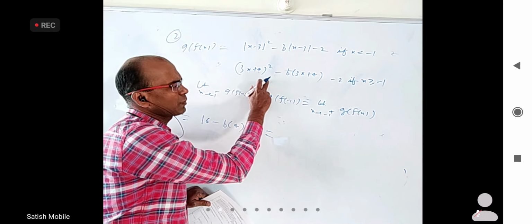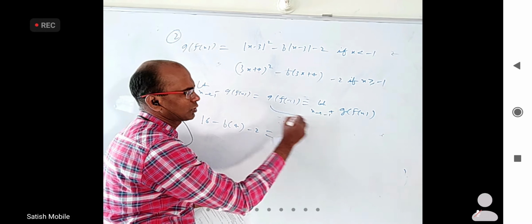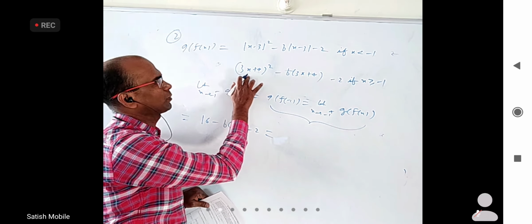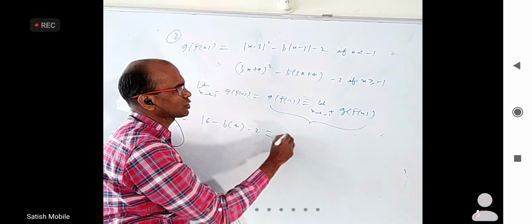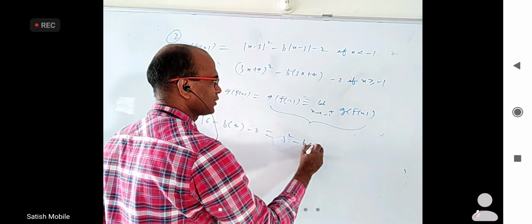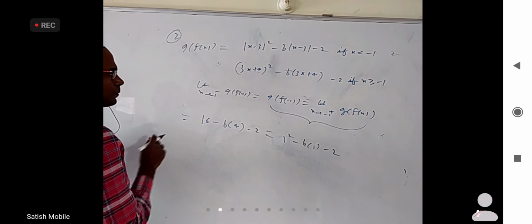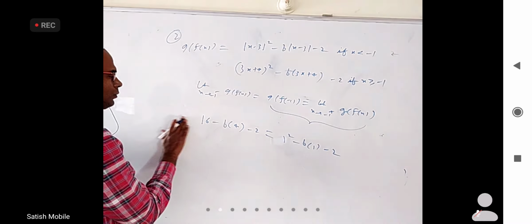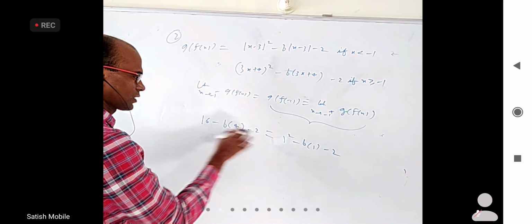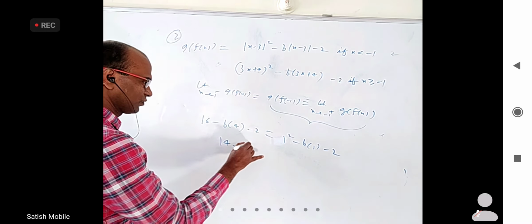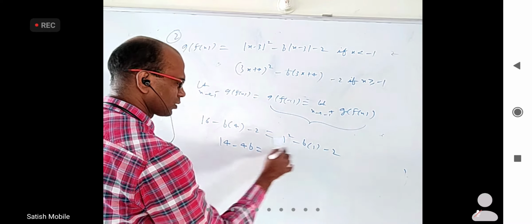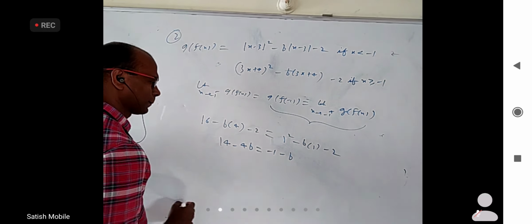Here if we substitute minus 1, both of them are the same, and it will be 1 square minus b into 1 minus 2. So 16 minus 2, 14 minus 4b is equal to minus 1 minus b.